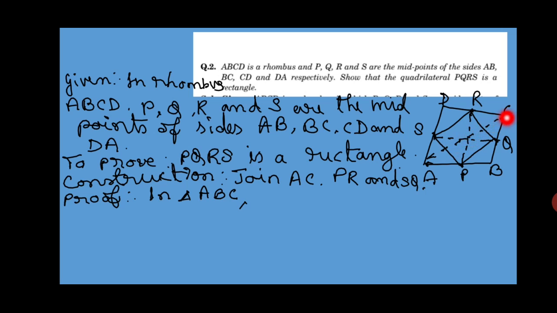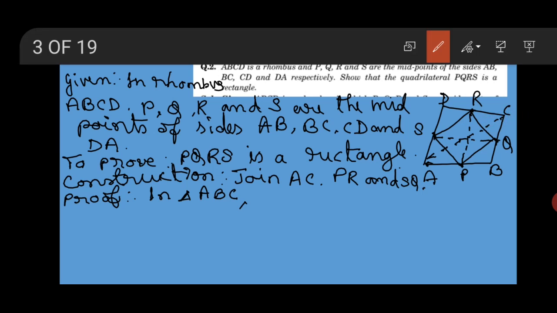Therefore, from the midpoint theorem, we can say PQ is parallel to AC and also PQ is equal to half of AC. Similarly, in triangle ACD, again apply the midpoint theorem. Since S and R are the midpoints of AD and DC, SR is parallel to AC and also SR is equal to half of AC.